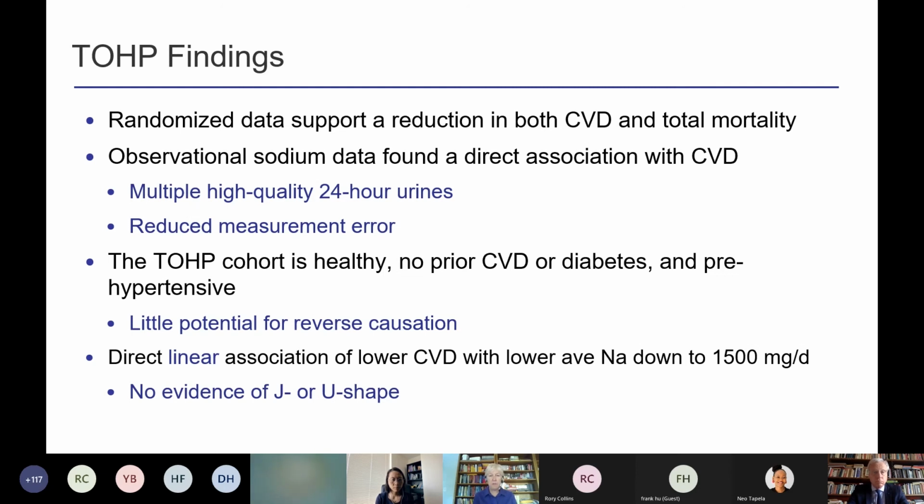They were pre-hypertensive, so none of them were on medications at the beginning, so there was little potential for reverse causation and lowering sodium due to these disease conditions. We found a direct linear association of lower CVD with lower average sodium with no evidence of a J or a U shape.